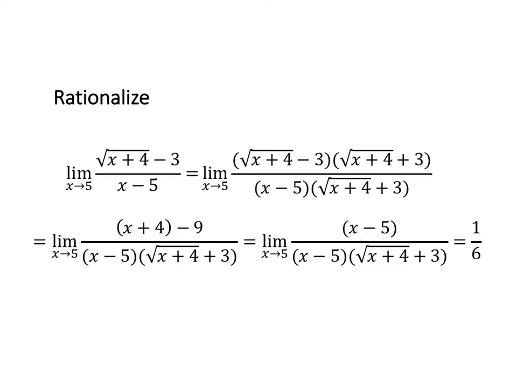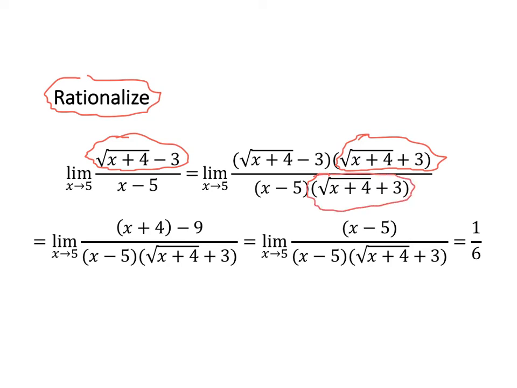In this case, I'm going to rationalize. See if you remember how we rationalize. Look at the numerator here. We've got the square root of x plus 4 minus 3. So I multiply that by the square root of x plus 4 plus 3, but remember, whatever I do on the top, I have to do on the bottom. So I'm going to multiply the bottom also by the square root of x plus 4 plus 3.